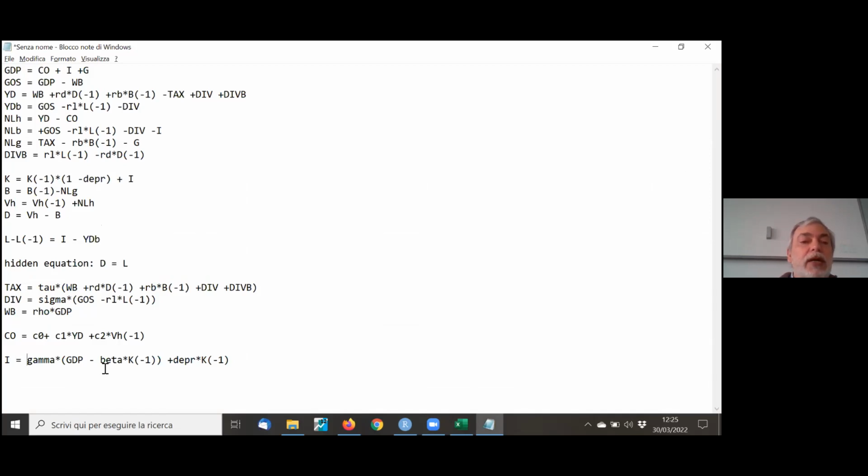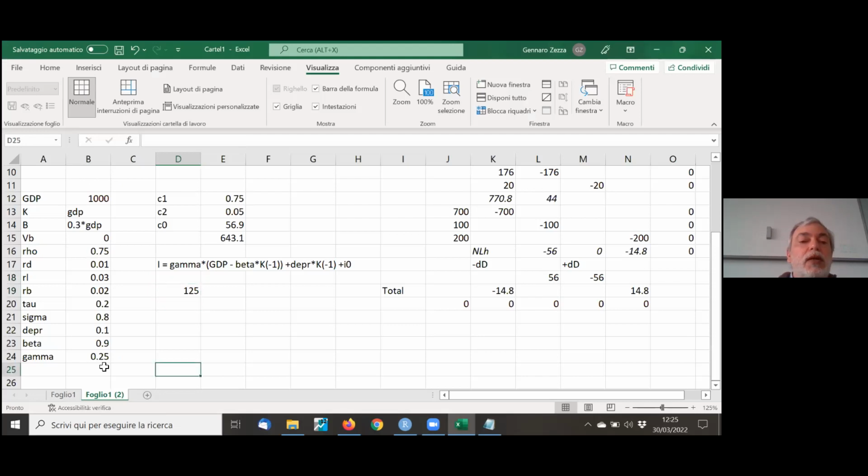So here I add my constant, and the constant I0 has to be minus 25. Now we should have everything, but we should check whether the numbers add up.